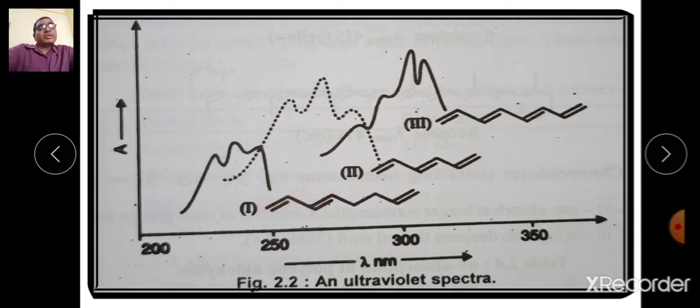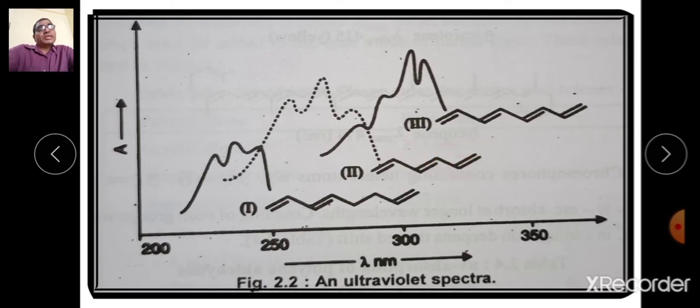Here the conjugation is not increased, and therefore the wavelength is on the shorter side. In the second case, the conjugation is increased, that is the double bonds are separated by only one single bond.